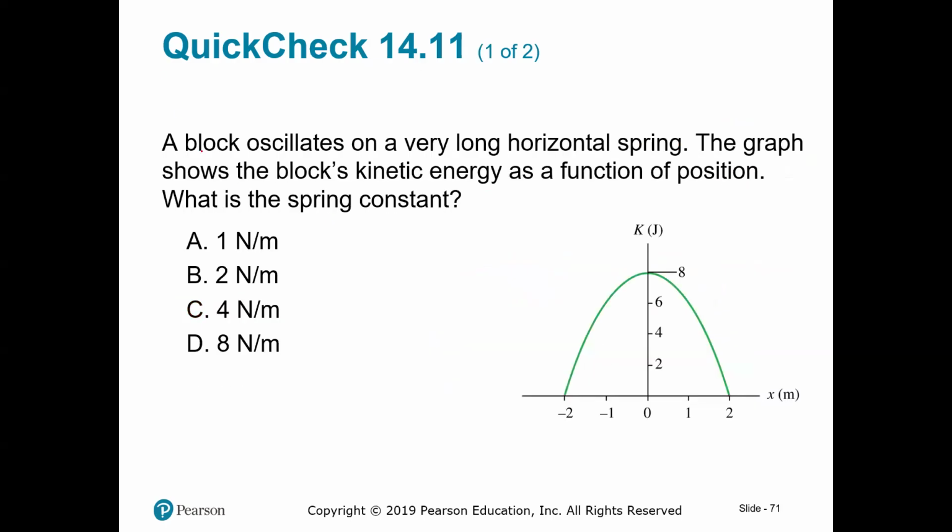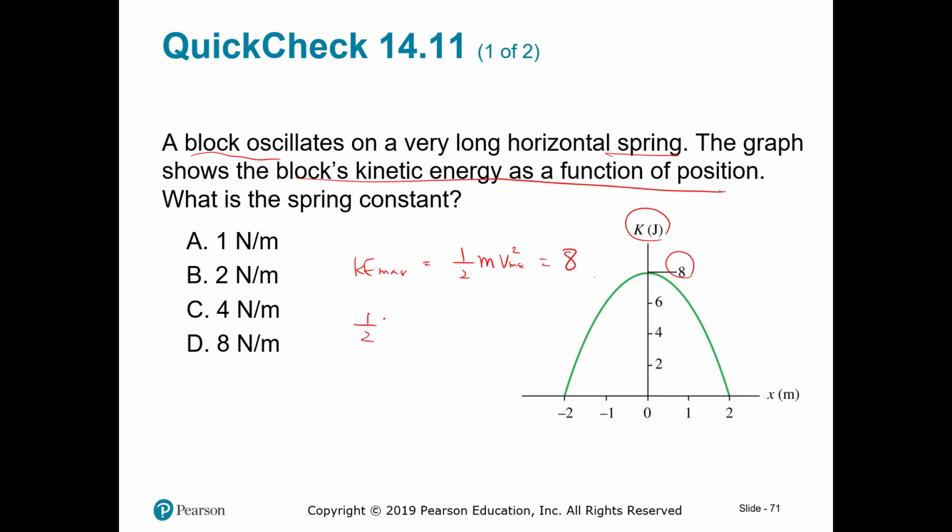Another one: a block oscillates on a very long horizontal spring. The graph shows the block's kinetic energy as a function of position. Now, your kinetic energy maximum is 8 joules, right? So your kinetic energy max is what? 1/2 times m v max squared is what? 8, right?